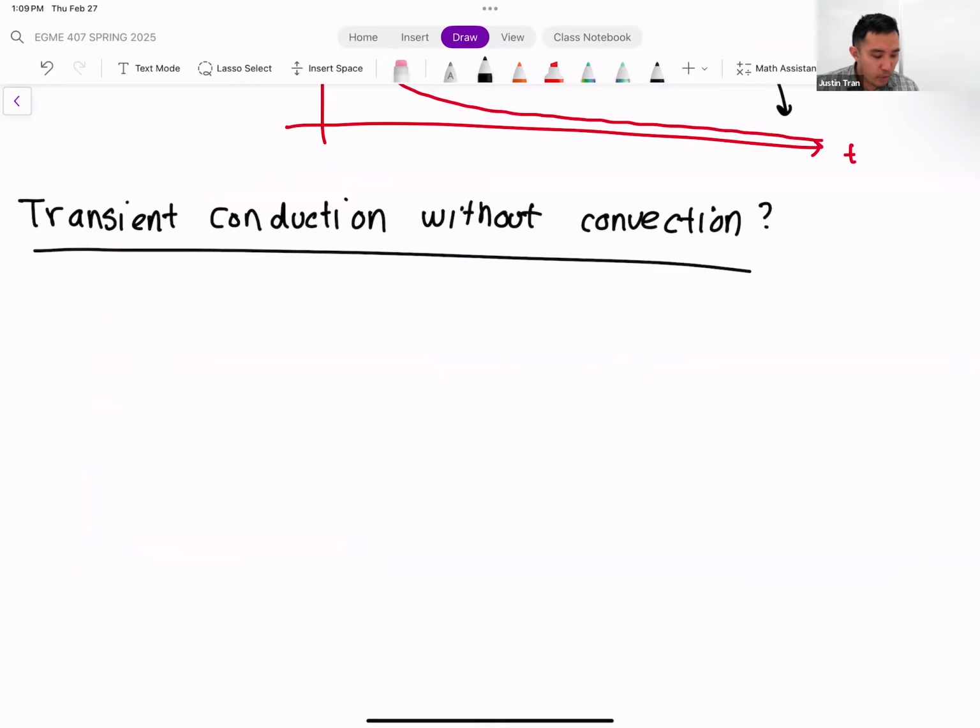We'll just take a couple minutes really quick to see what that looks like. Convection is quite unique, and in fact, we're going to spend a lot of time talking about it over the next few weeks.